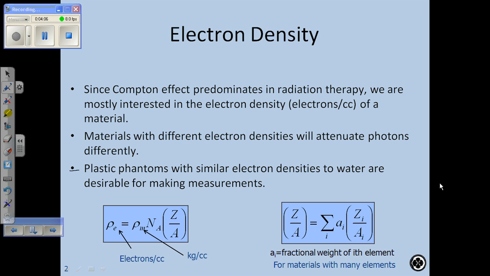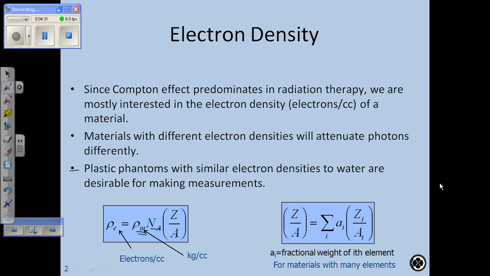So let's look at what electron density is. Electron density can be electrons per cc, and so the electrons per cc of a material is equal to the mass density of the material, that's the one we recognize, times Avogadro's number, so that's 6.02 times 10 to the 23, it's a big number, times the atomic number divided by the atomic mass.